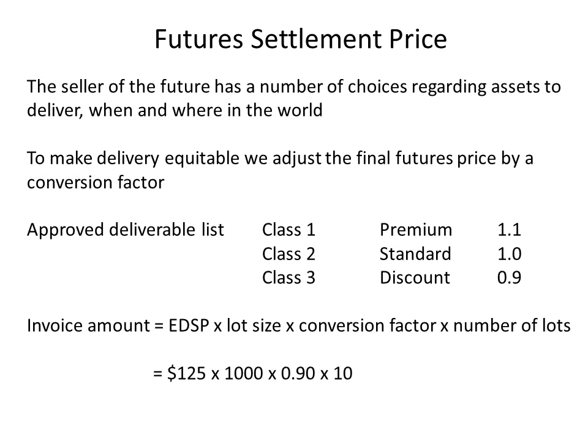We know that this has a conversion factor of 0.9, so we use that in the calculation. And let's suppose in this example we're trading 10 futures contracts. So if we multiply through them, the invoice amount, that is to say the amount of cash that the buyer of the futures contract has to pay, will be $1,125,000. So in this example, the buyer of the futures contract ends up taking delivery of the underlying asset, which we describe as class 3.